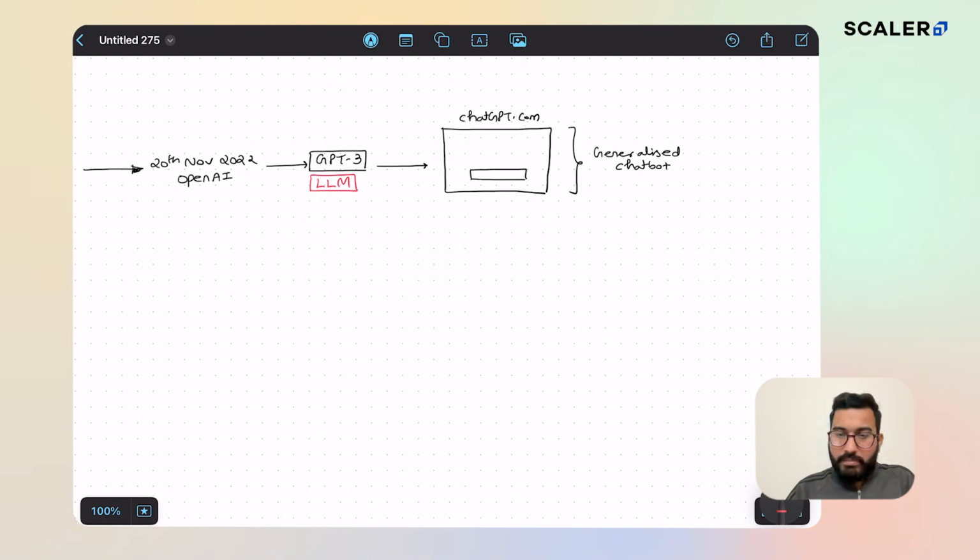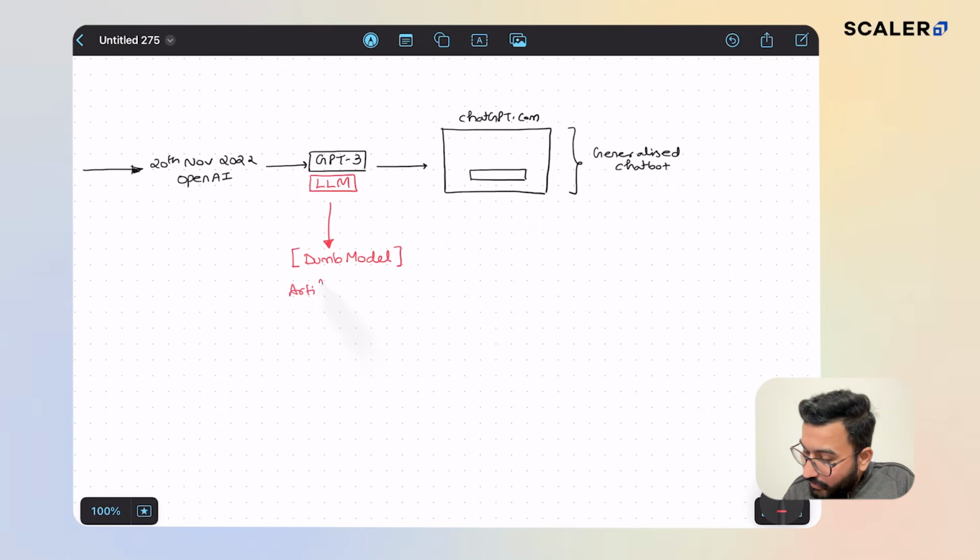Now, there was a problem with this launch. ChatGPT 3, when it was launched, was a dumb model. It was not artificial intelligence, it was artificial memory.